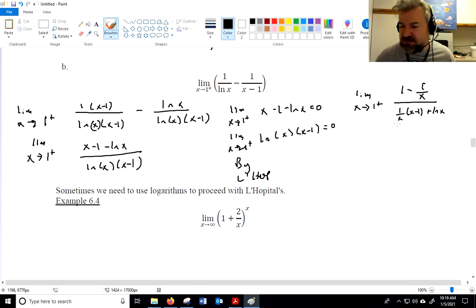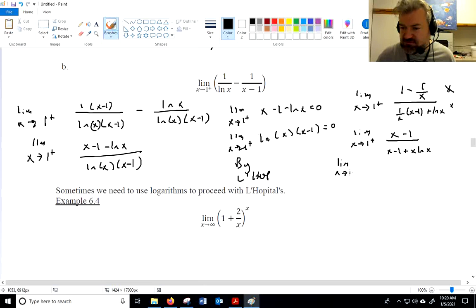I'm going to multiply the top and bottom by x, and I get the limit as x approaches 1 from the right of x minus 1 over x minus 1 plus x times the natural log of x. Okay, well, we're sneaking up on this slowly but surely because I can now do L'Hopital's again.